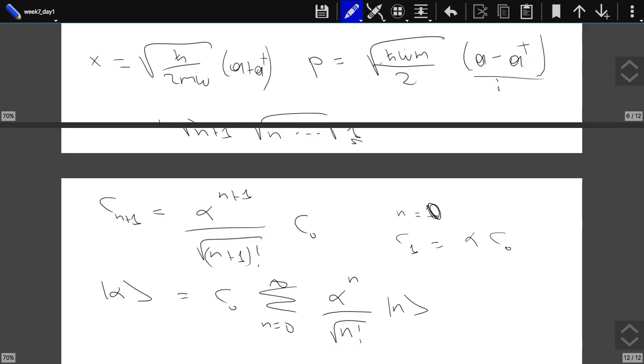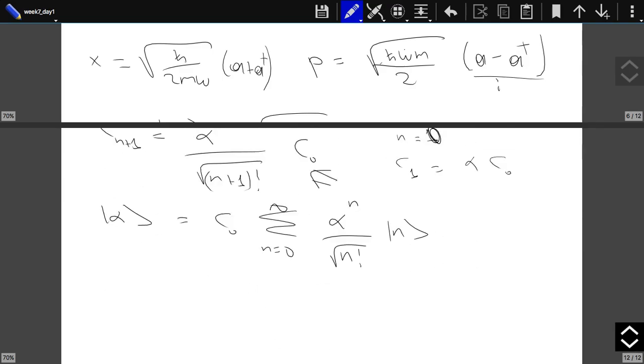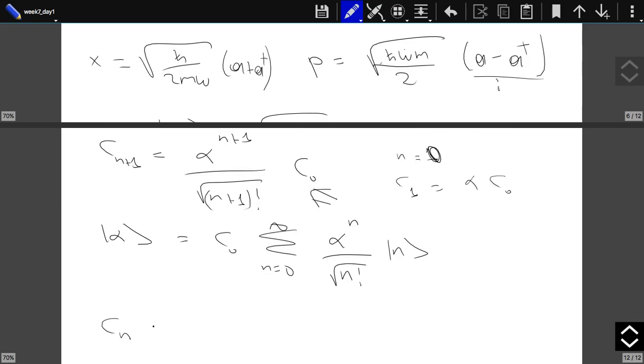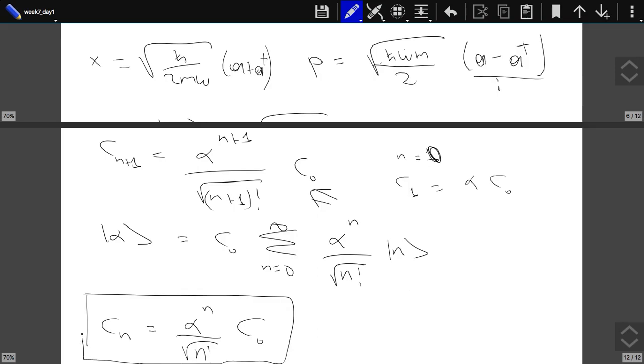And once again, once somebody tells me what C0 is, I can find any Cn. That relation basically tells me that Cn is equal to alpha to the n divided by square root of n factorial, C0. Now in this expression, if you want to put n is equal to 0, that expression is still correct.